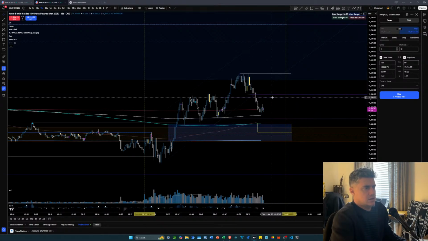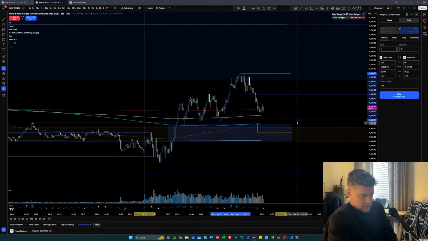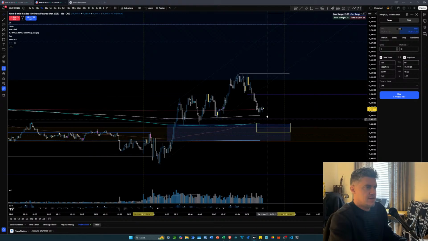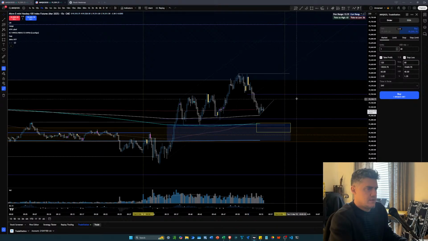Go ahead and get rid of this one. I like this to fail. I do. I like this to fail. That looks like a little bit of a bear flag. Maybe one more push up and then fail, but yeah.